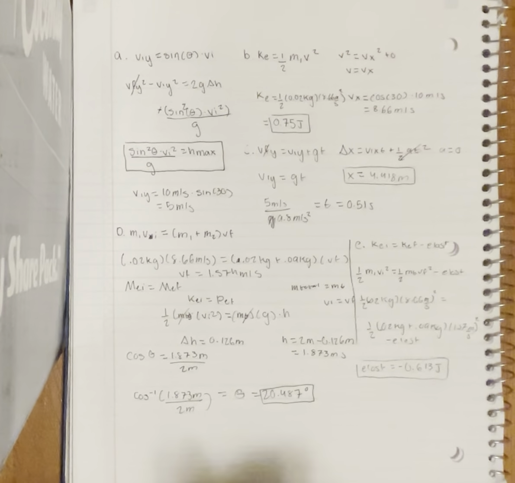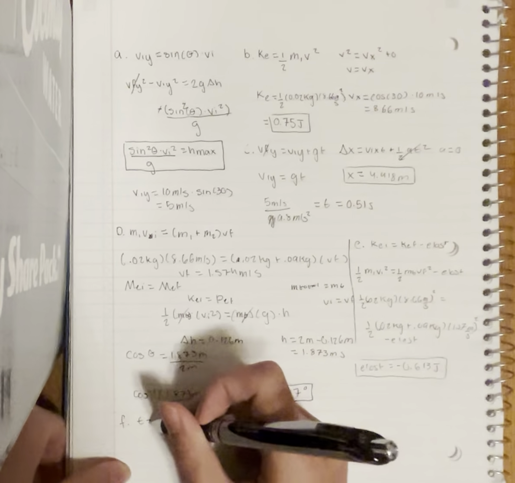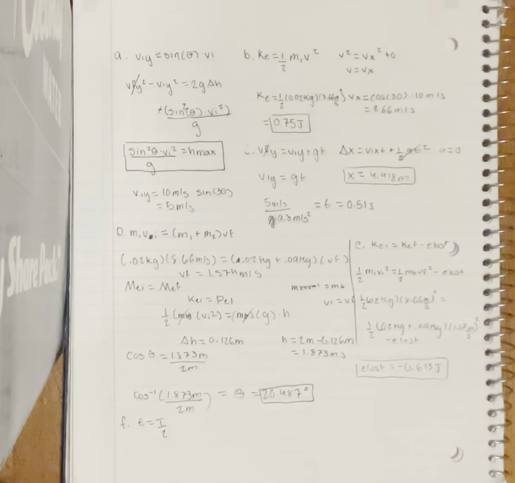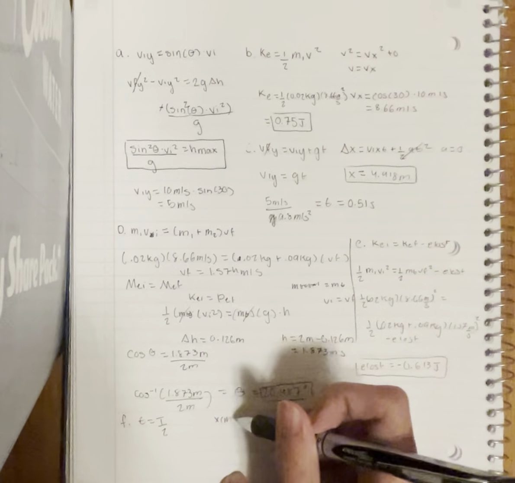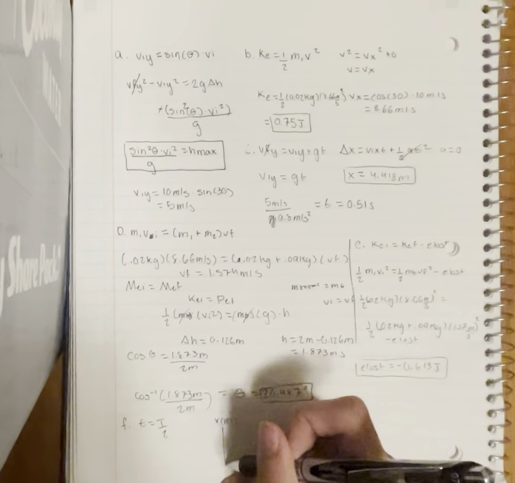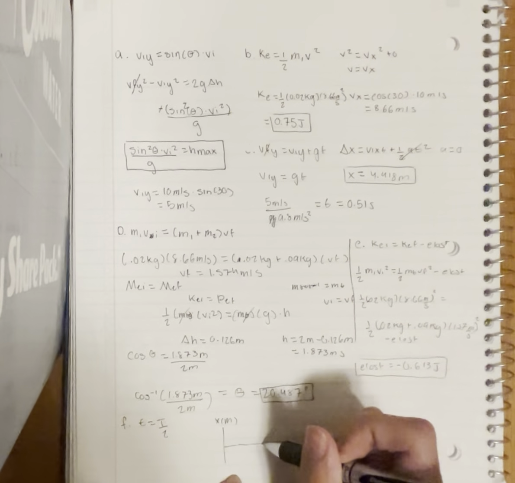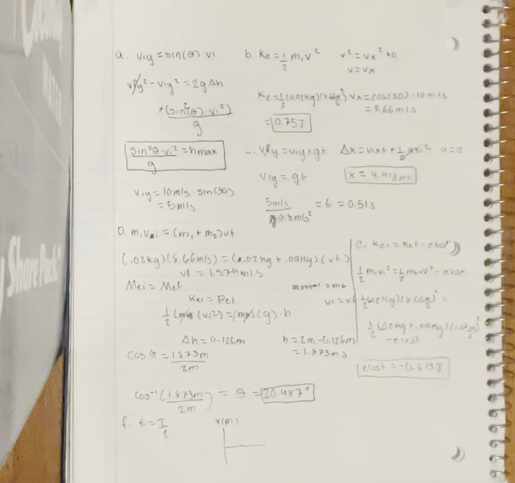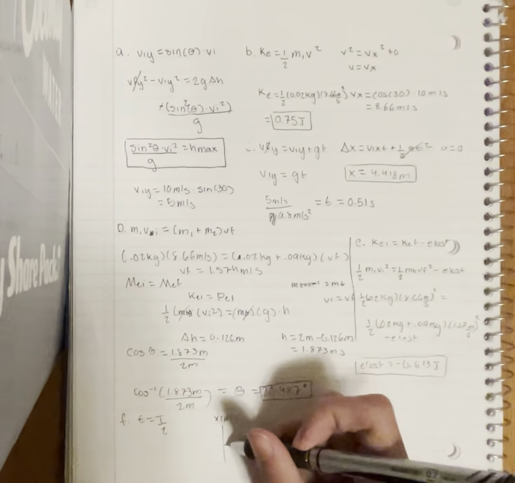So that means the time is half the time period. So basically, t, the time, is equal to T over 2, and we can represent that with a little graph, the x versus t graph, where t is in seconds, and then it goes like this.